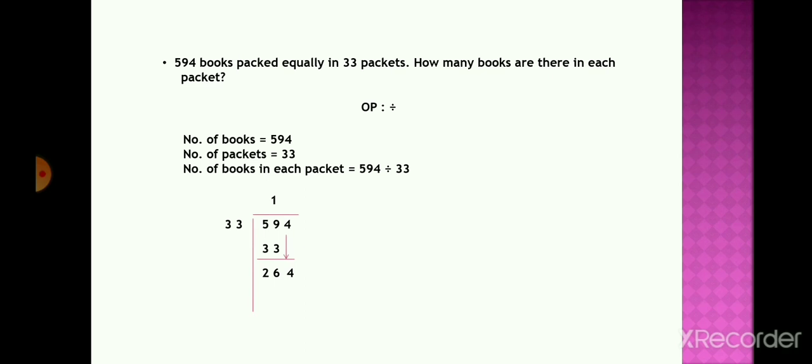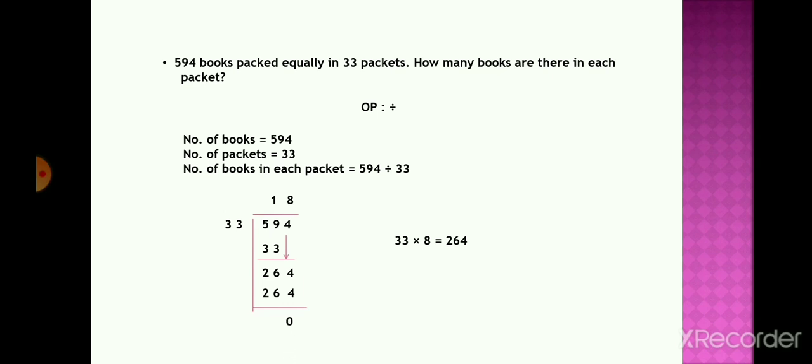So, our estimated quotient is 8. Now, try with 33 eights are. What do we get? 33 eights are 264. So, we got the same number, right? Now, take 8 as quotient and write 264 below 264. Subtract, the difference is 0.